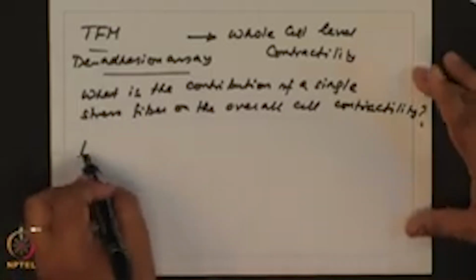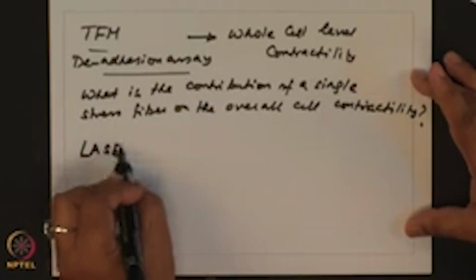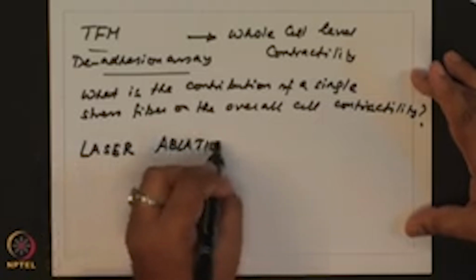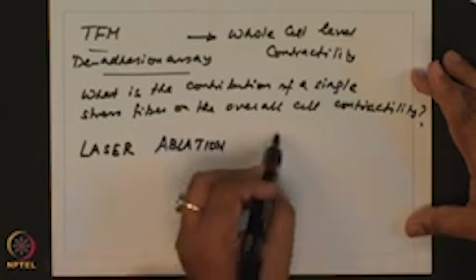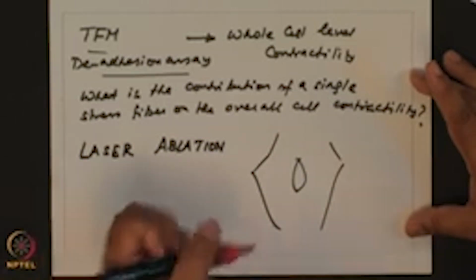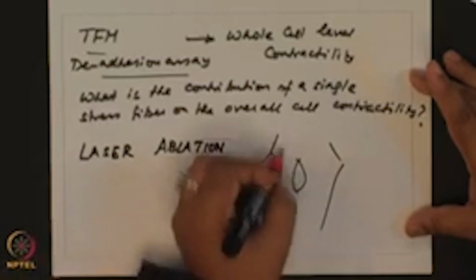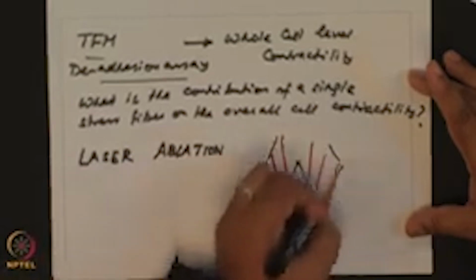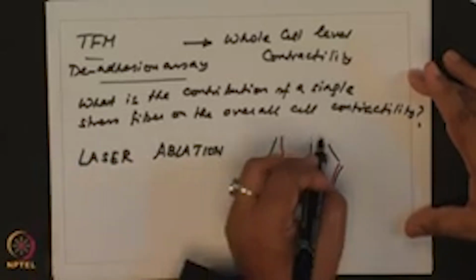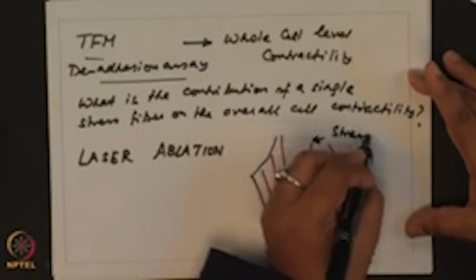So, there is a new technique which has been introduced, called laser ablation. Imagine you have a cell which is transfected with LifeAct, and you can have very prominent stress fibers.